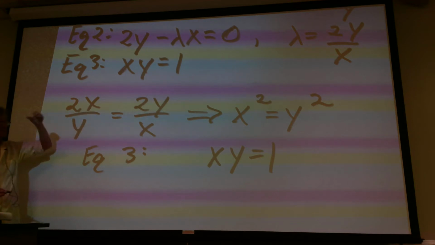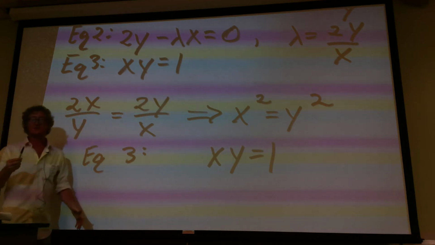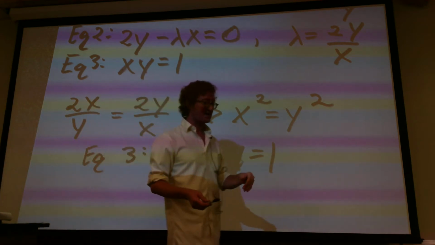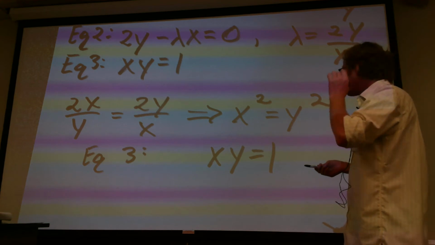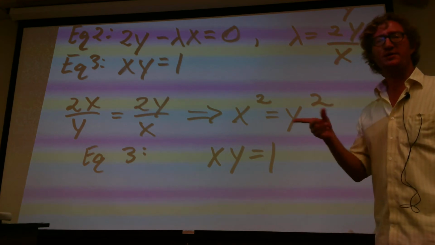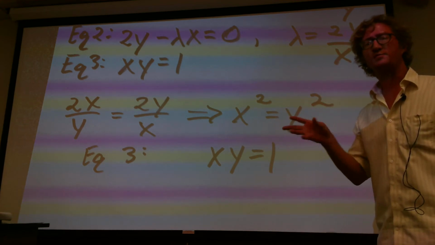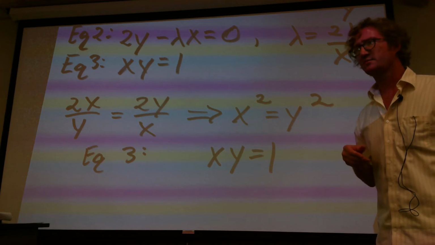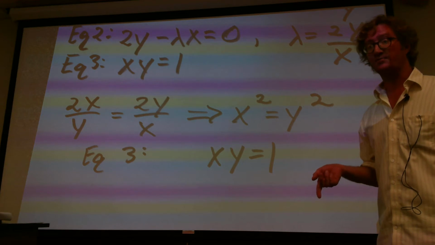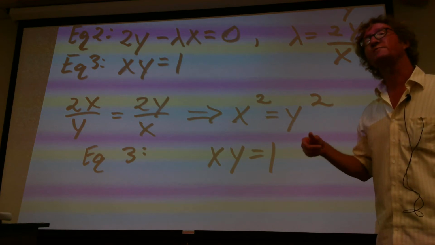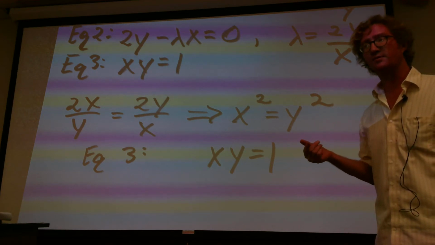There are a lot of points in the xy plane that will satisfy the constraint and can be plugged into our f of x, y. If you put 2 and 1/2, 2 times 1/2 is 1, but 2 squared does not equal 1/2 squared. So it doesn't satisfy what we're looking for with the Lagrange multiplier.